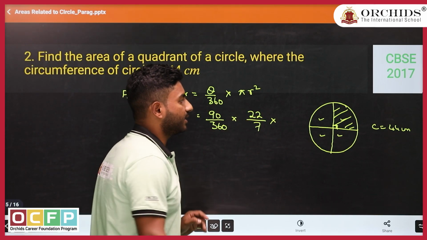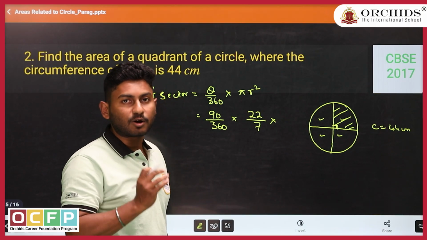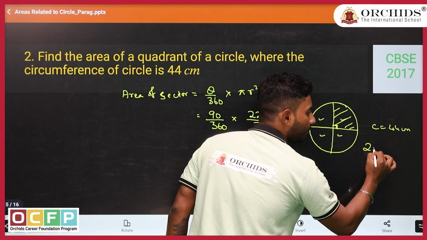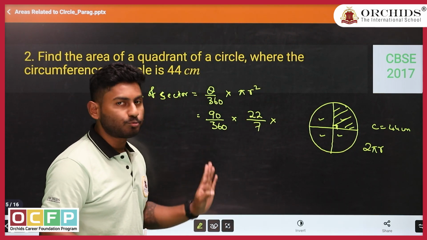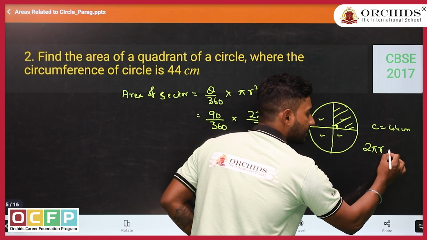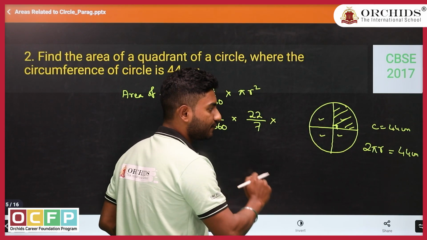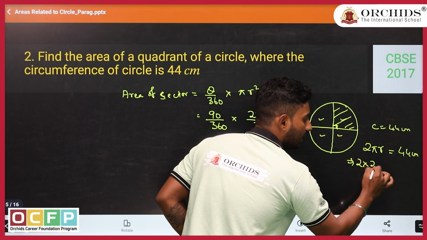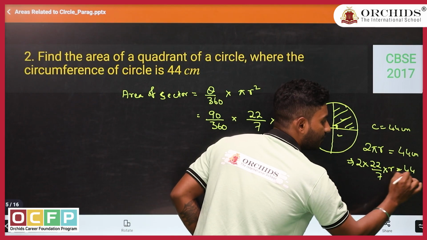What is the given condition? Given condition is circumference. We should know how to measure circumference. Circumference is nothing but 2 pi r. So if it is 2 pi r, then 2 pi r has to be equal to 44 centimeter. Can we just equate this and find the value of r?